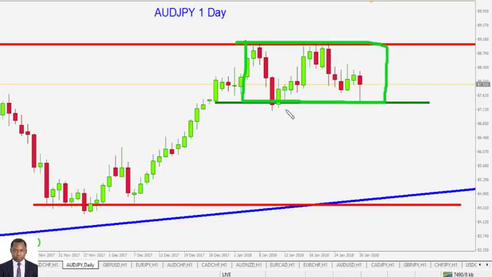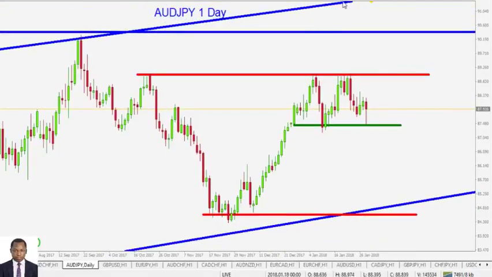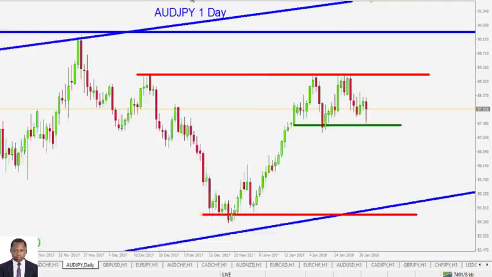So if you are interested in trading this pair for the next trading day, you should be looking for buy opportunity in the Australian dollar against the Japanese yen, just within this range in price behavior. It's too small, really not for us. It's too small. We will not be taking this trade.